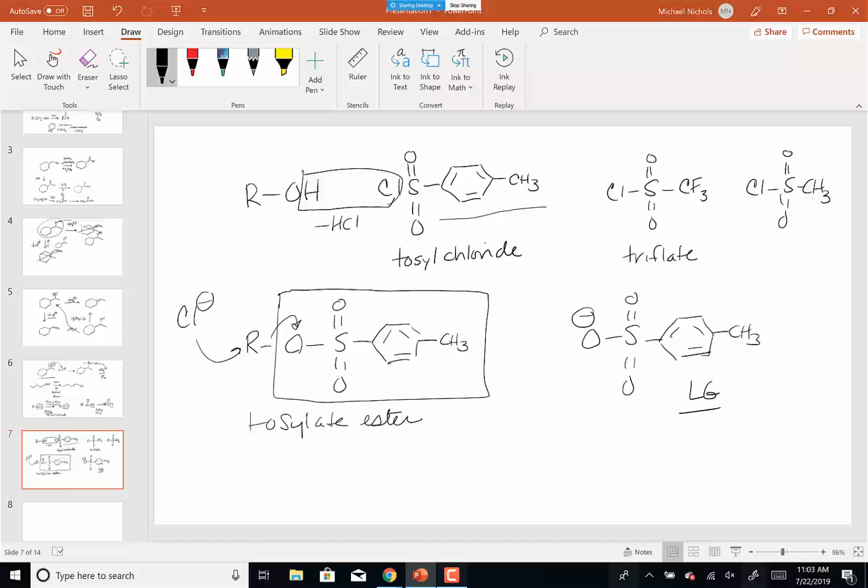Poor bases make great leaving groups. Strong bases, like OH, are lousy leaving groups. This is the first time I've said that in this class. I said it a lot in the last one. So leaving group ability is based on the inverse of basicity. That must mean that this tosylate is a terrible base.